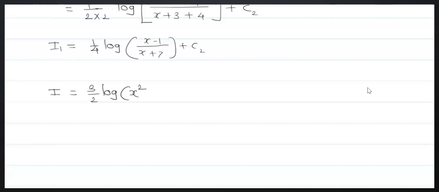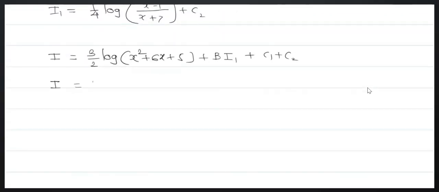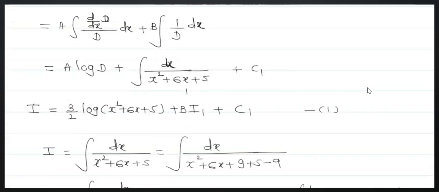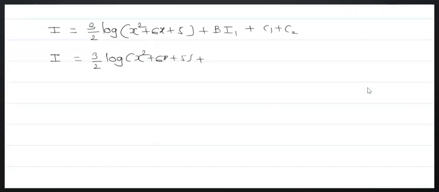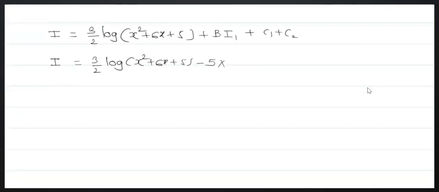3 by 2 log of x square plus 6x plus 5, the value of b into I1, c1 plus c2. 3 by 2 log of x square plus 6x plus 5, and 1 by 4 log of.